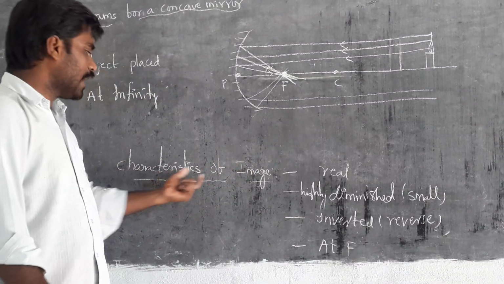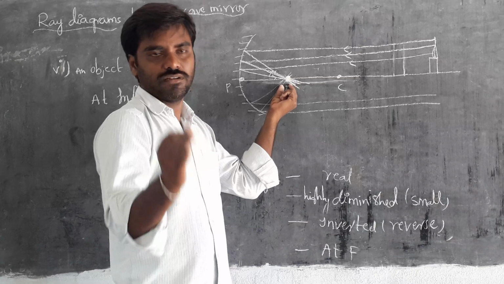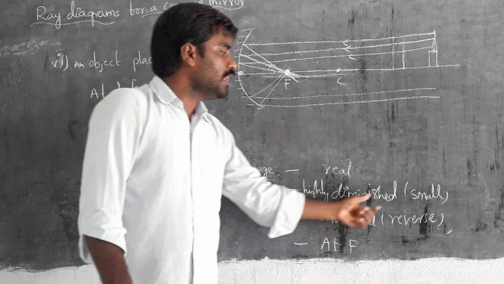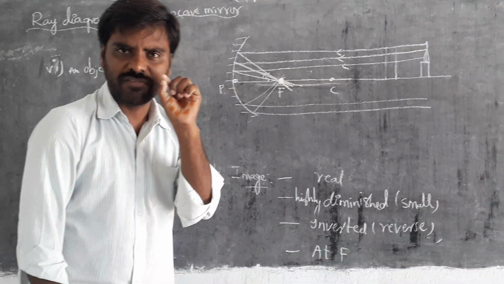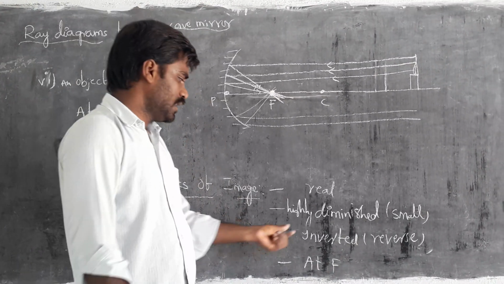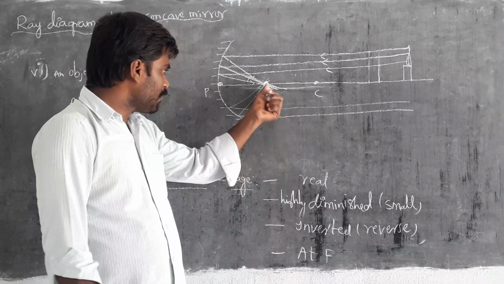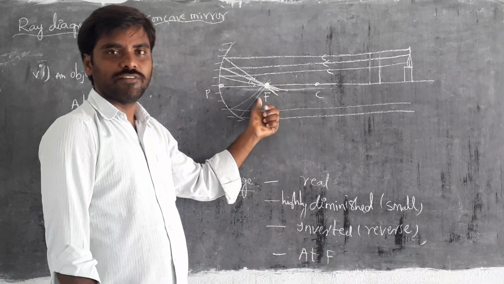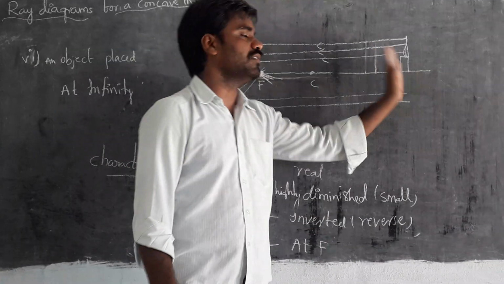If you look into the characteristics of the image, it is a real image because we are capturing it on the screen. It is highly diminished, appearing like a point size, very small or minute. It is also inverted. And last but not least, the place of the image is exactly at F when we place the object at infinity distance.